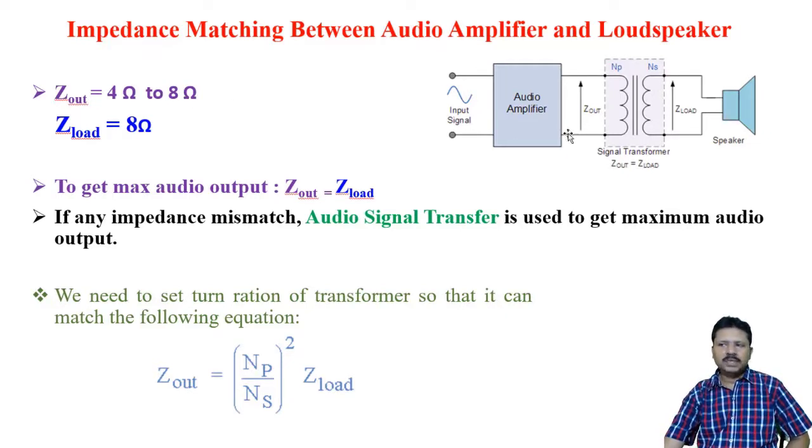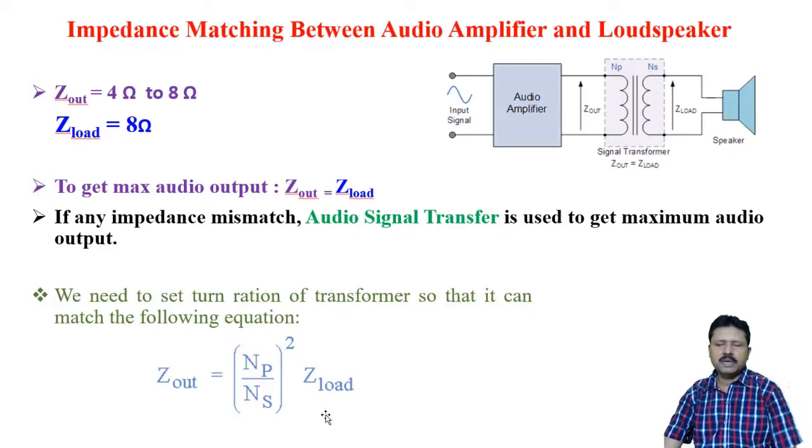If they are not equal, then an audio signal transformer will be used. The turn ratio should follow this equation: Z out is equal to (NP by NS) whole square into Z load. Z out is the output impedance of the amplifier, and Z load is the input impedance of the audio speaker.